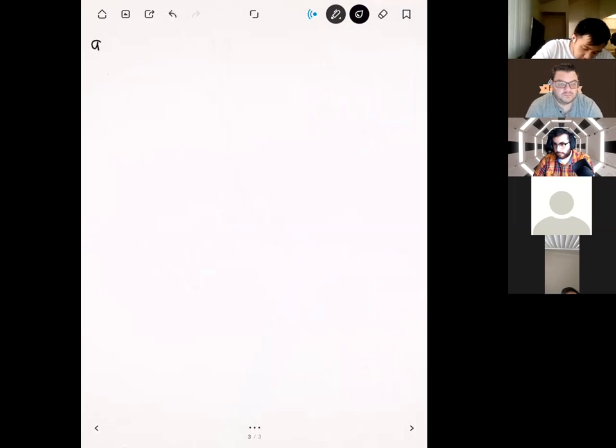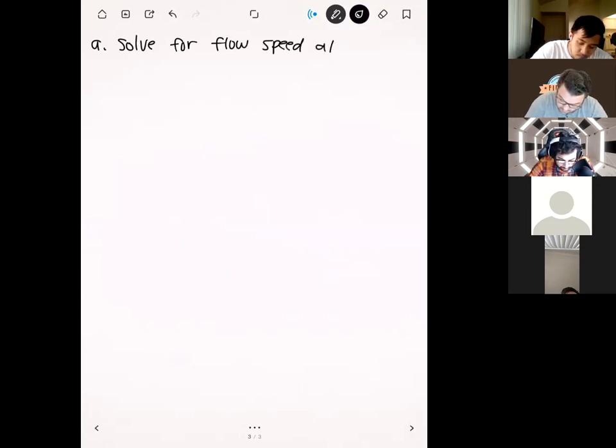Okay. So first thing we're going to do is we're going to solve for the flow speed at point 2. All right. And so if you remember from last time, we had this function for the speed. Right.